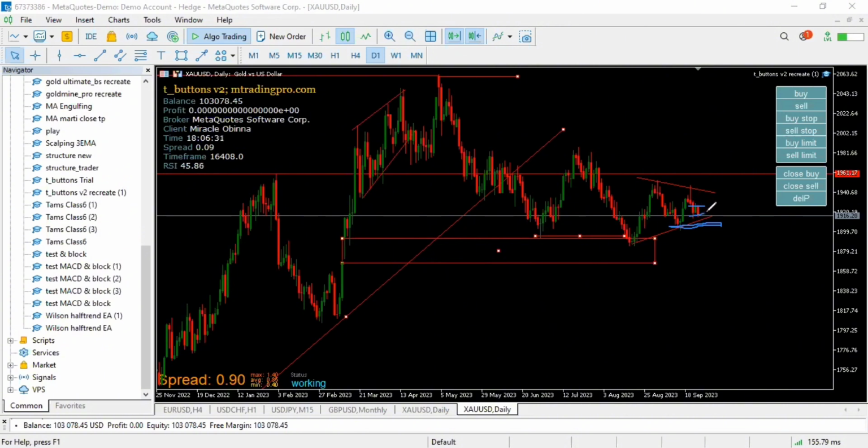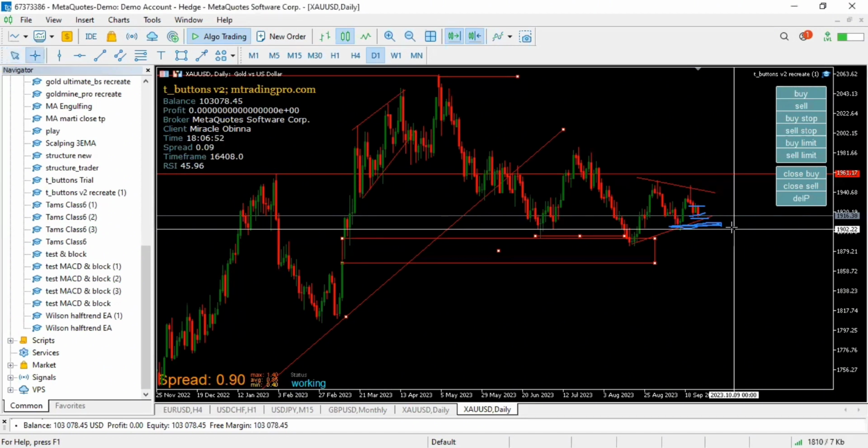If today closes bearish, most likely if it takes out this low, then we should have the market keep going down. But what really confirms it is the break of this structure, and that's at what price? We have 1902.